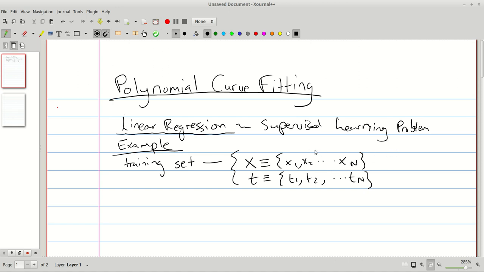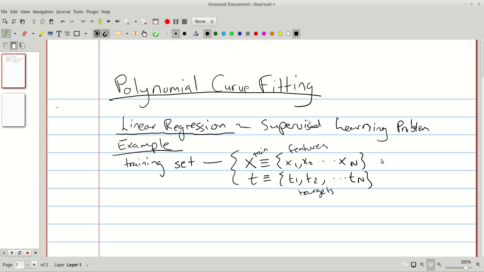These are what we call our features, and these are our targets. So X represents our features and T our targets. Later on, when we're trying to make our predictions, let me make this clear: this is X train.